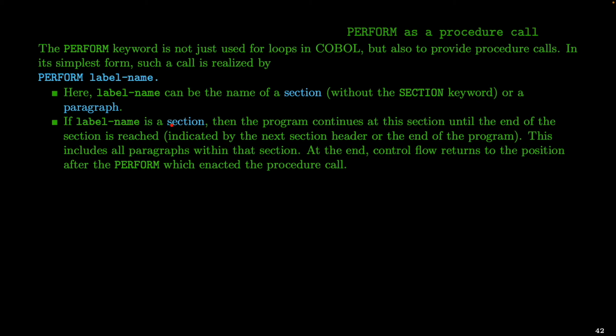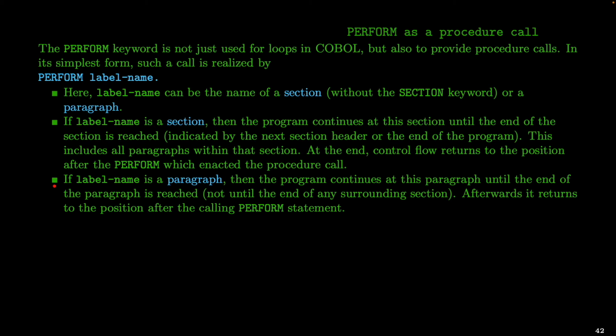And note that if your section is further subdivided into paragraphs, then all the paragraphs within that section will be executed if you call perform on a section name. And if you call perform on a paragraph name, so if label name is the name of a paragraph, then the program continues at this paragraph, so the code following this paragraph name, until the end of the paragraph. So that's the beginning of the next paragraph or the beginning of the next section.